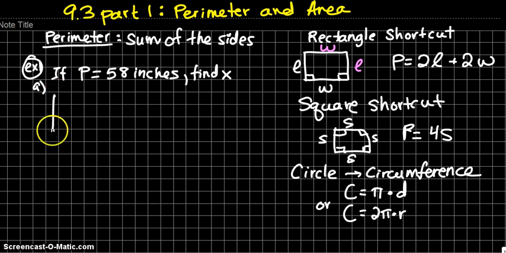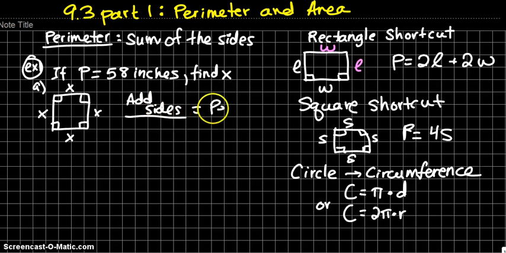This is actually a square. Every single side is x units in length, and I am trying to find what x is. So remember, to find a perimeter, you add up all the sides. So add the sides, and that is equal to the perimeter.